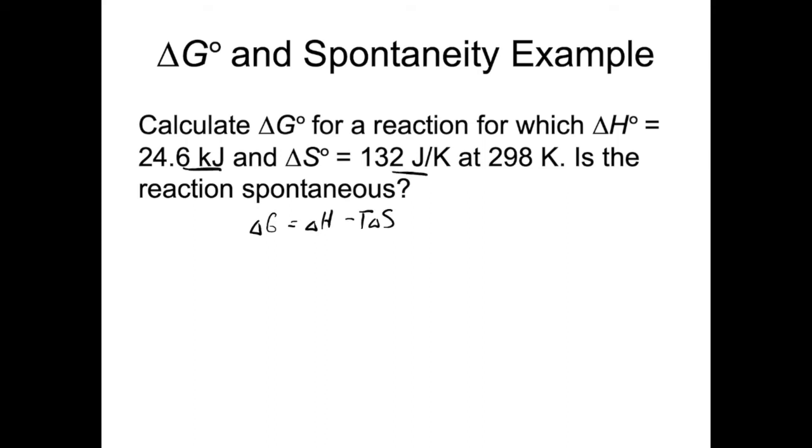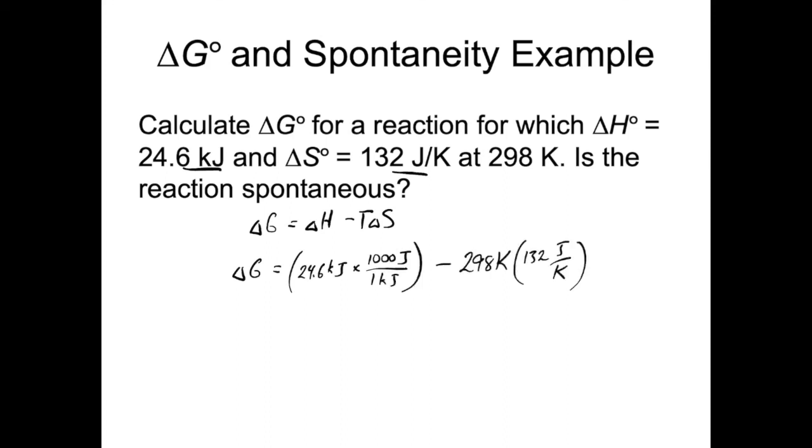We have joules and kilojoules, so we have to get everything into the same units. And then we can calculate the value for delta G. If delta G is negative, the reaction is spontaneous. If it's positive, it's non-spontaneous. And if it's 0, the reaction's at equilibrium.